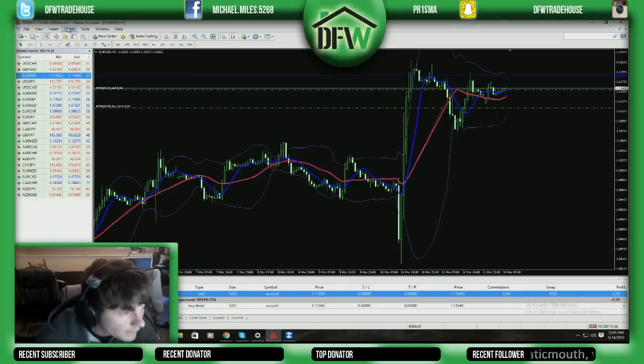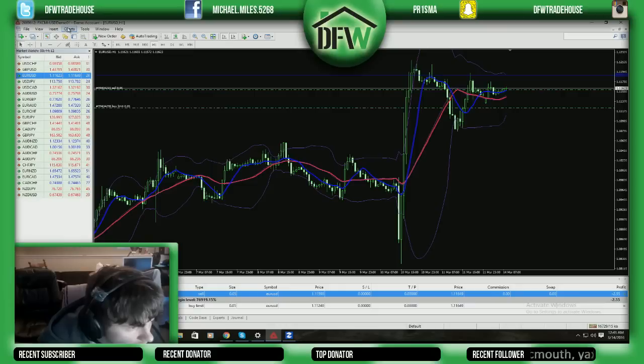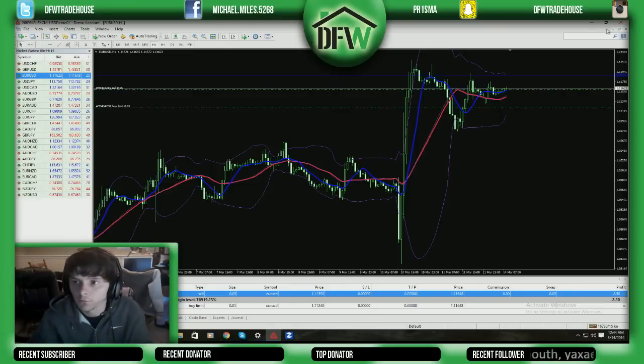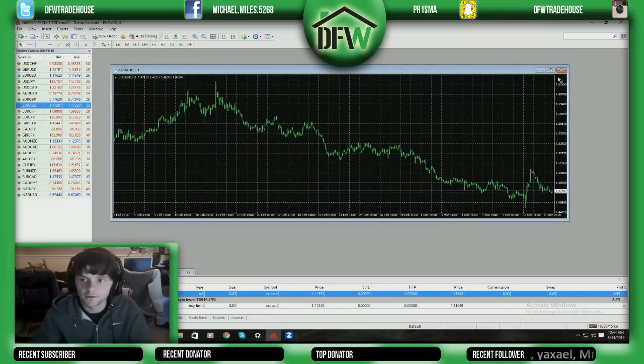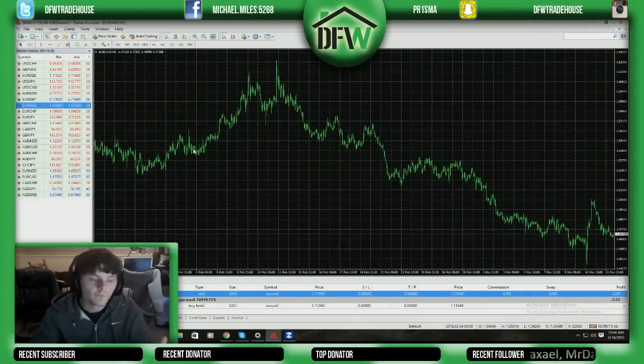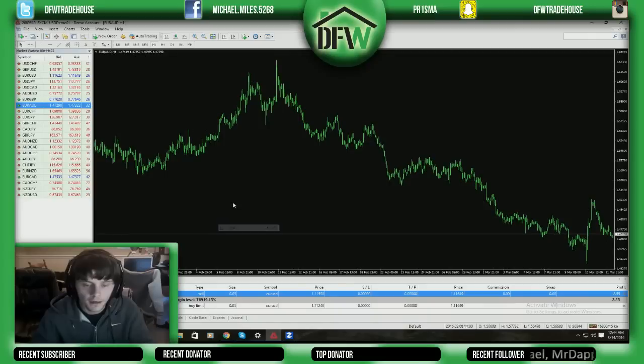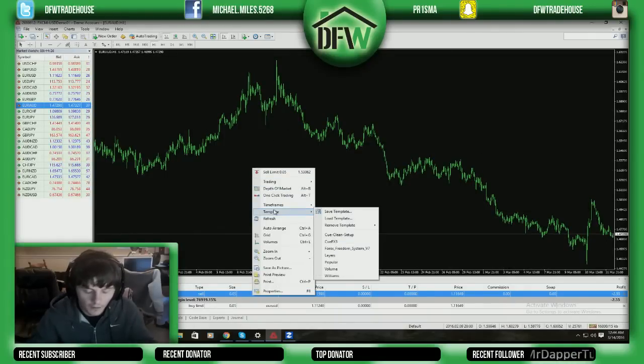Can you do a quick analysis on what you would do on a naked chart? Okay, real fast. This is a naked chart, straight up. First of all, I get rid of the grid. I don't like grids. It looks so much cleaner. It's too much clutter on the chart.